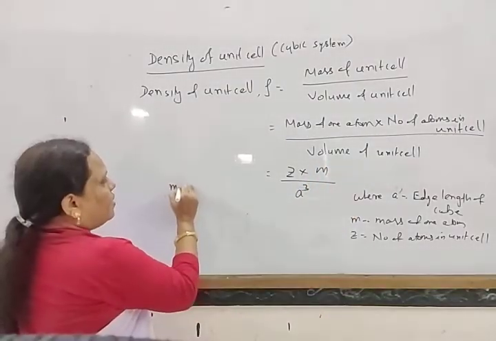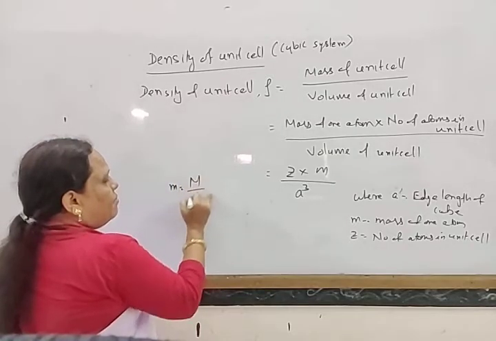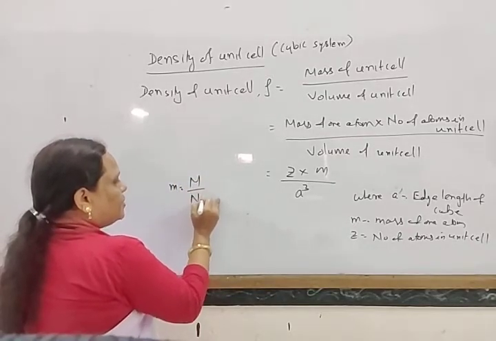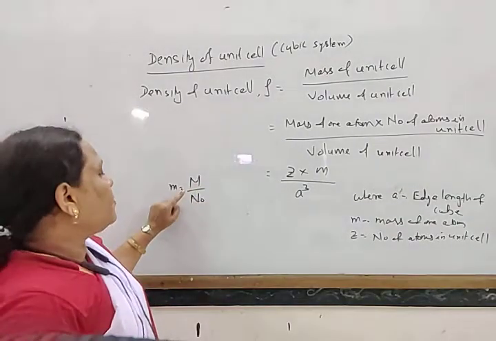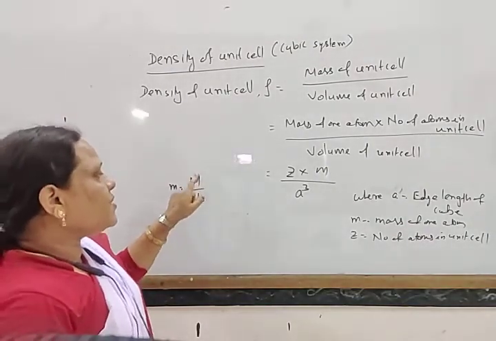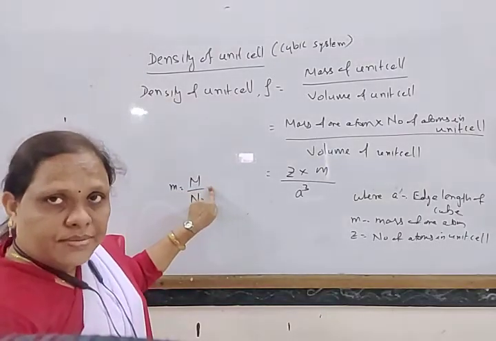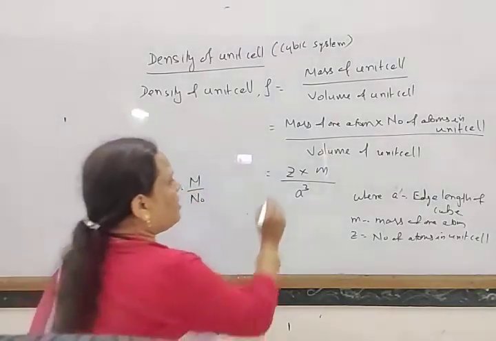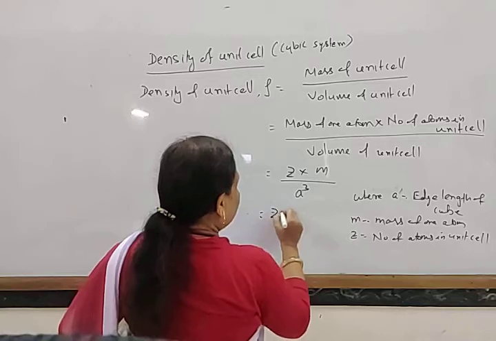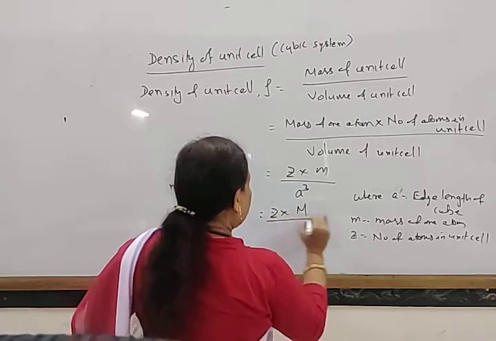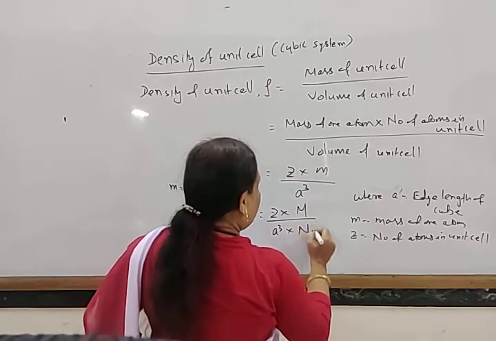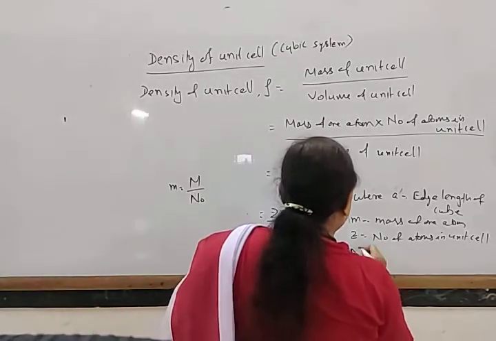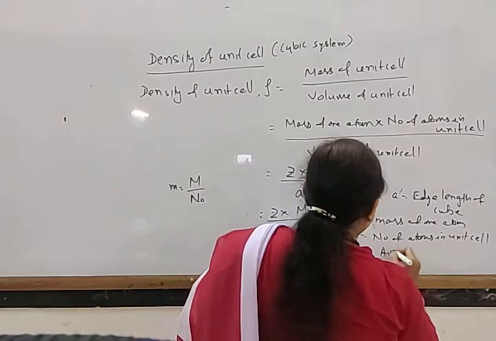So m equals M by N0, where M represents the gram atomic mass of the element. So rho equals Z into M by a cube into N0. And what is N0? That is Avogadro's number.